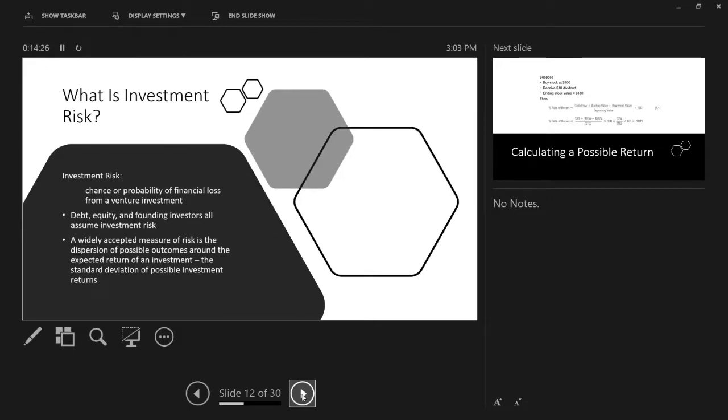What is investment risk? When you are investing money into a business, of course, you always have a chance of losing or gaining. Before we make the investment, we have to calculate the expected rate of return and the risks, as I said at the beginning.